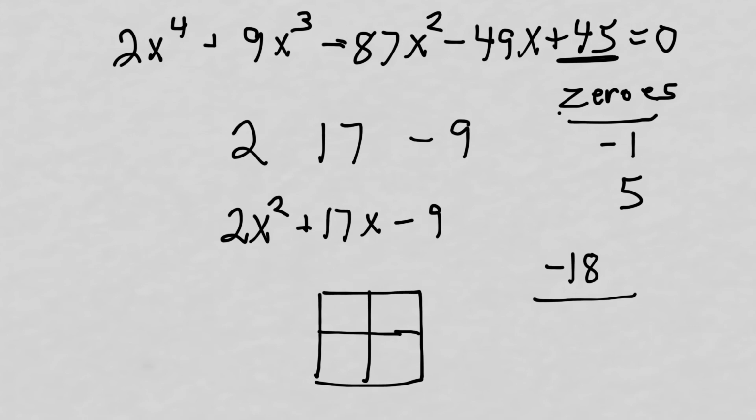This one's actually pretty easy, because it's 18 and negative 1. 18 times negative 1 equals negative 18, but if you add them together, you get positive 17.